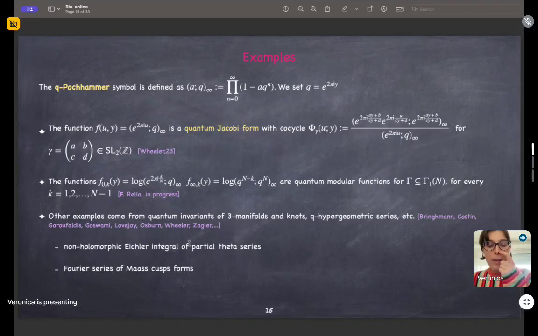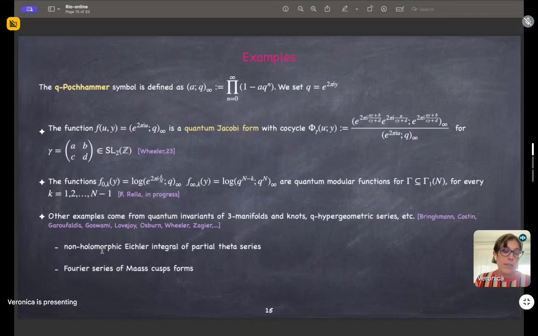But the most interesting ones, probably the ones that were also considered at the very beginning by Zagier, were examples that come from the theory of quantum invariants of three-manifolds and knots, or some class of q-hypergeometric series. And among them, there are examples that are interesting because they are related to modular forms.